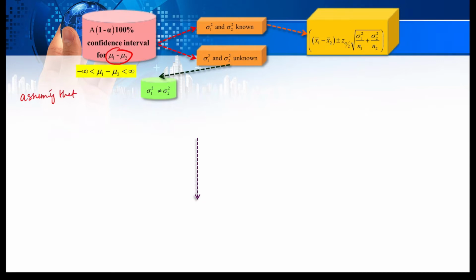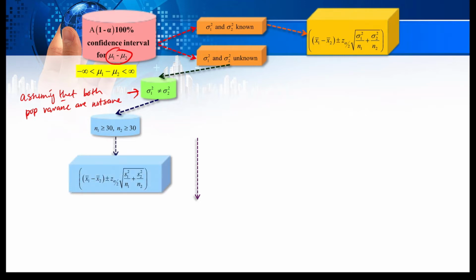assuming that both population variances are not the same, you have to look at the sample size. If both sample sizes are greater than 30, use the second formula.